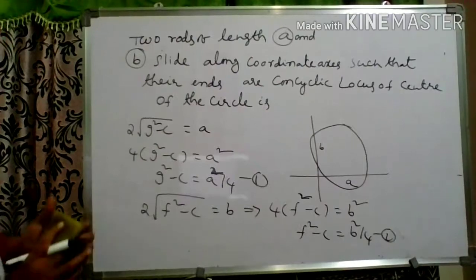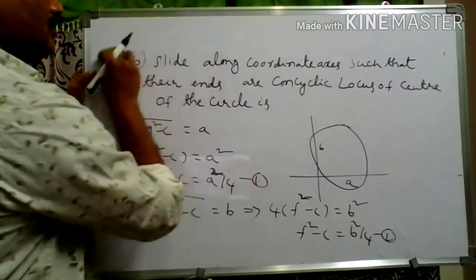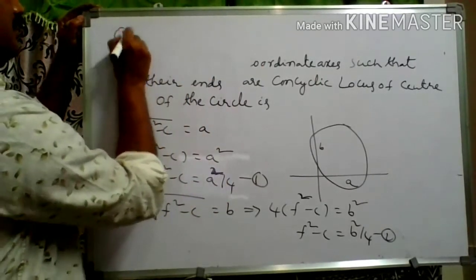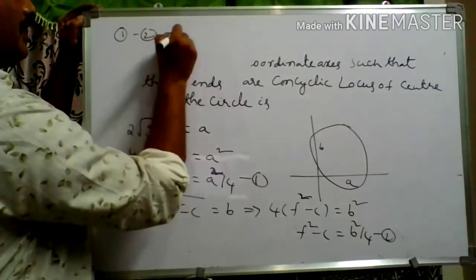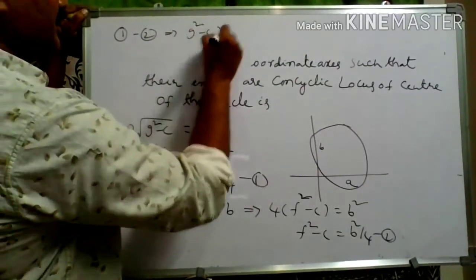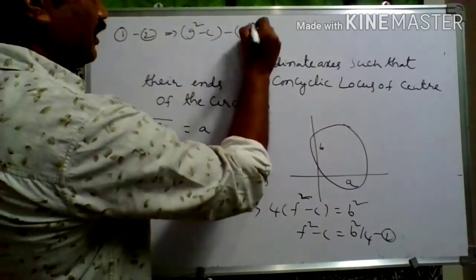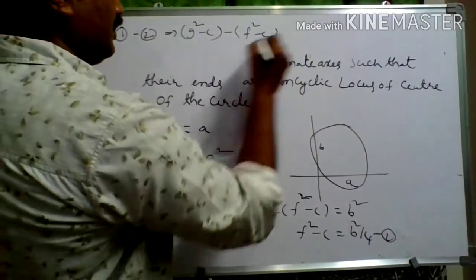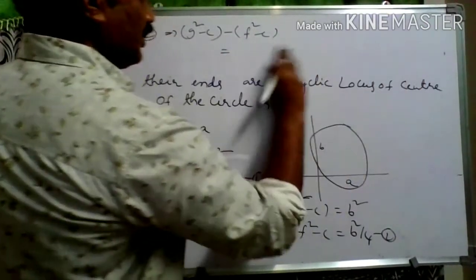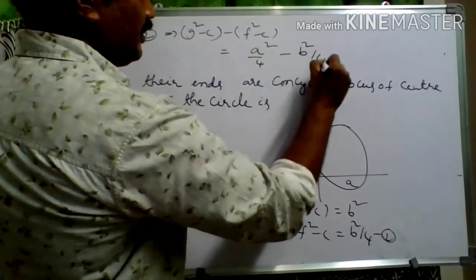Now, the locus of center. Students, equation 1 minus equation 2: on the left hand side, g square minus c minus f square minus c, and on the right side, a square by 4 minus b square by 4.